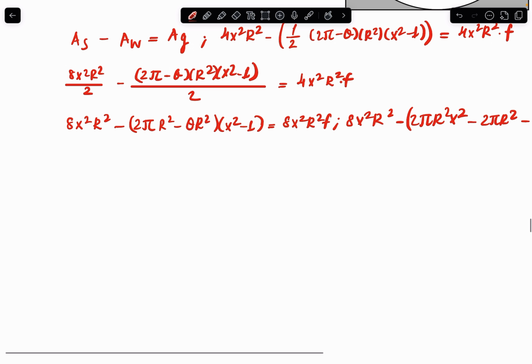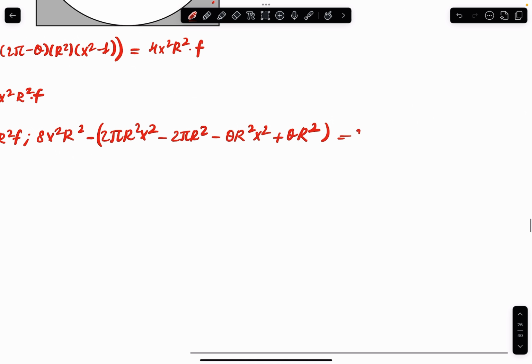And if I just continue from here, it's going to be 8x squared r squared. This is equal to 8x squared r squared f, by the way.